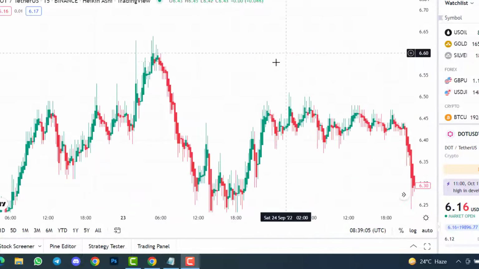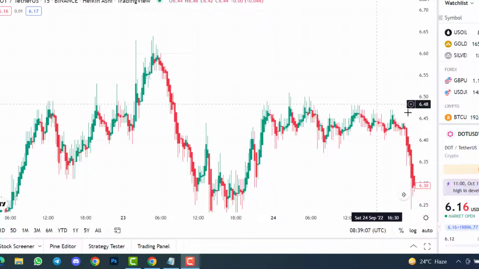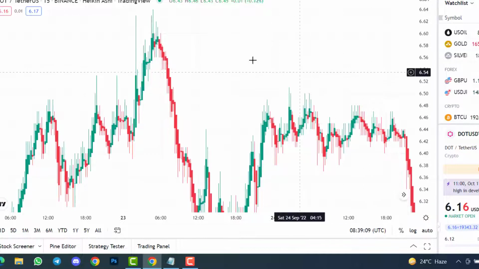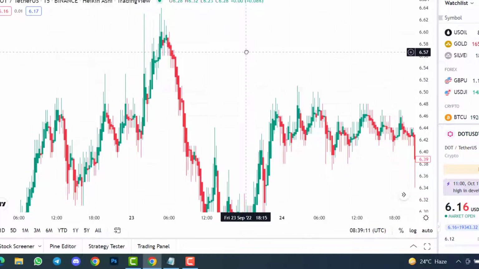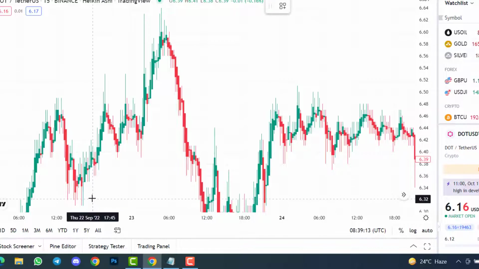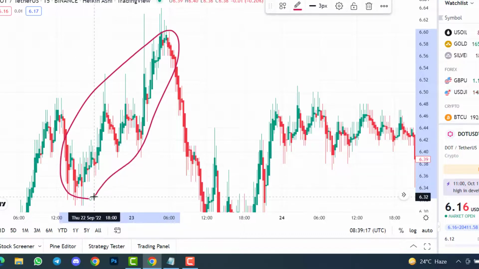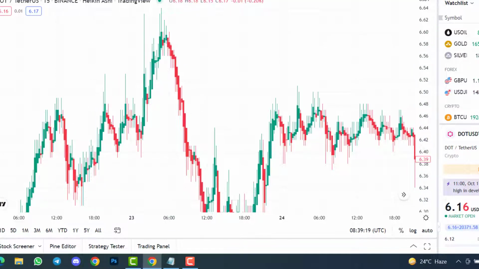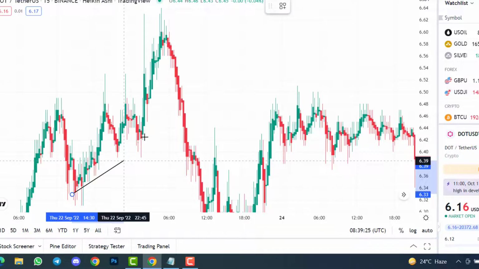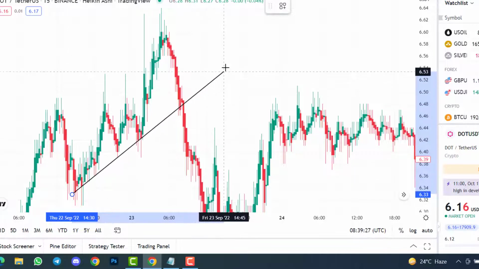Okay, now if I show you another example, in here you can see this is again an example of uptrend. This is the direction of the price. So now if I draw a line in here, we can say uptrend line, or a support line.